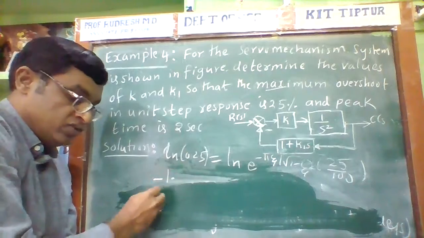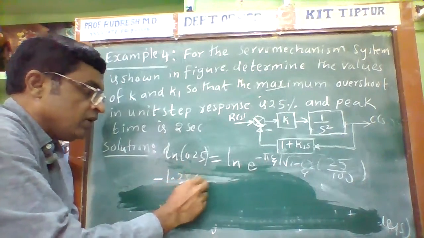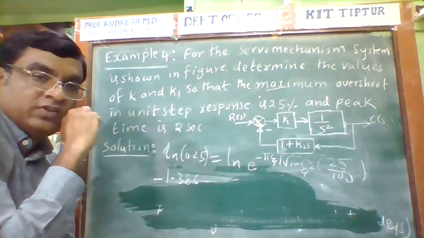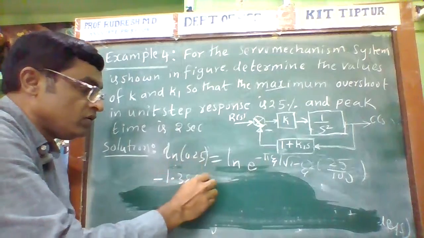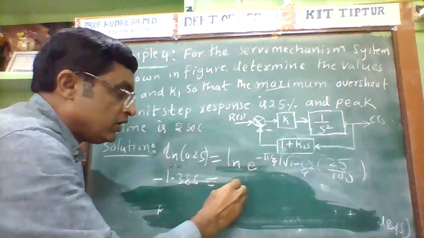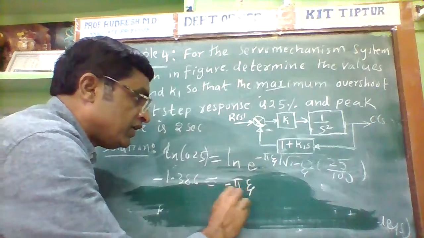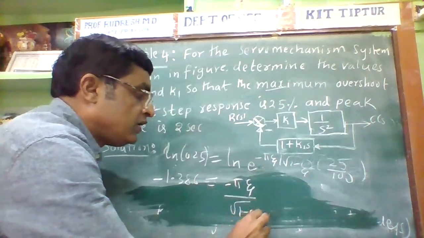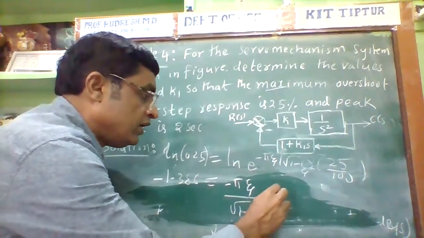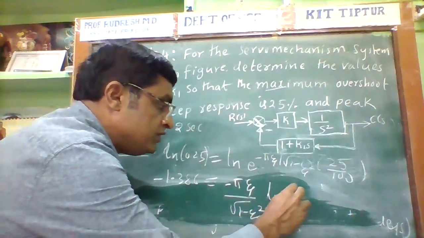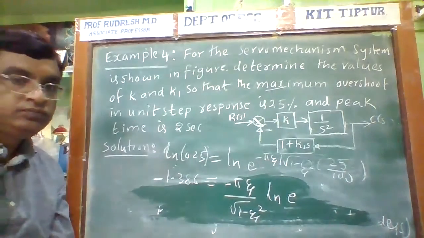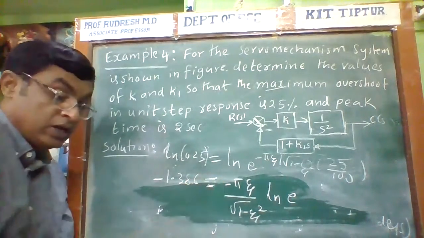If I use the calculator, the natural log of 0.25 is equal to this value. Now this can be written as minus pi zeta divided by square root of 1 minus zeta square, times ln of e.